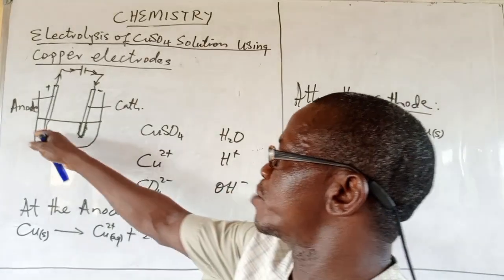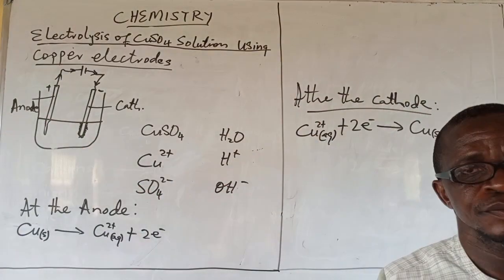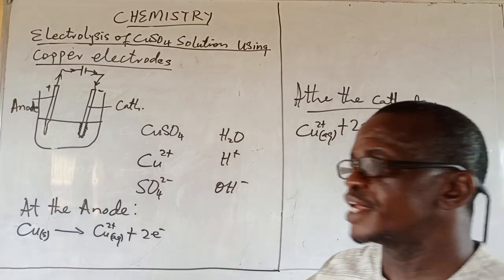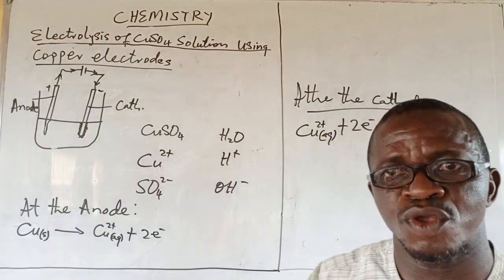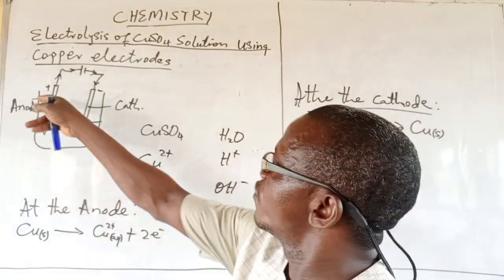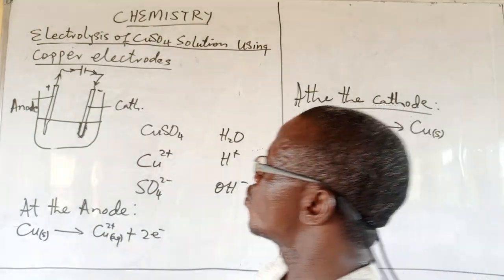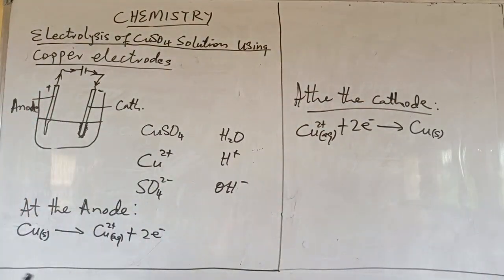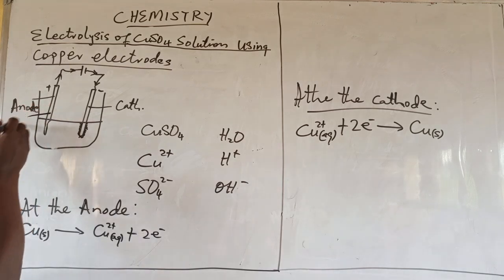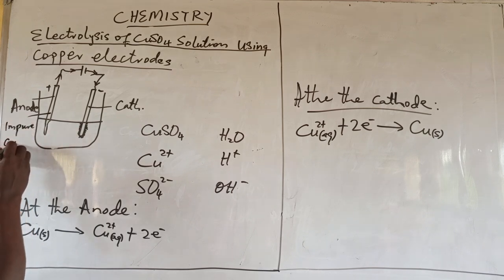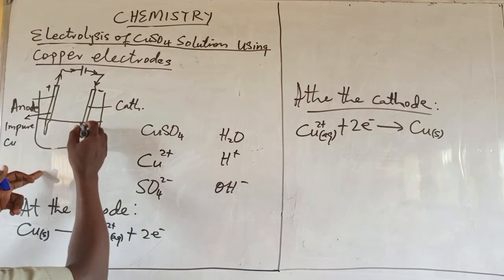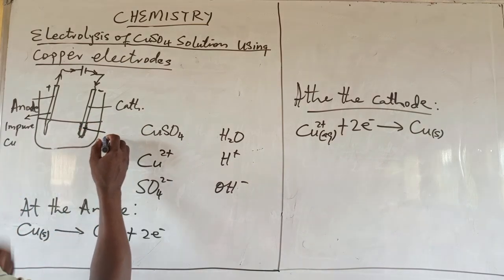Now, this can be used in purifying a metal, impure copper. So if you have an impure copper, you make that one the anode. Impure copper can be made to be what? Anode. Then the pure copper should be made what? Cathode.